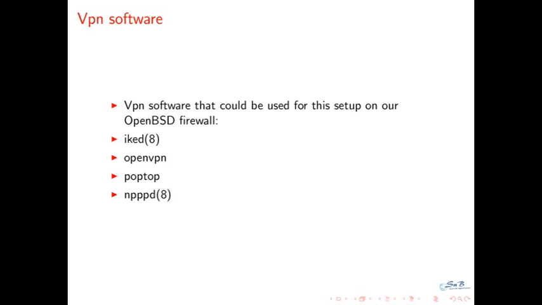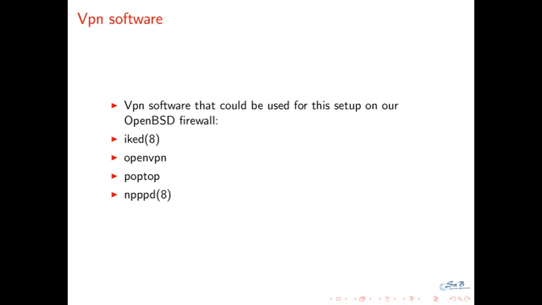Then there was OpenVPN, but I don't like it that much, because to do some accounting you have to create some scripts. They were also thinking, maybe in the future, of using an iPad to connect it with their main software.